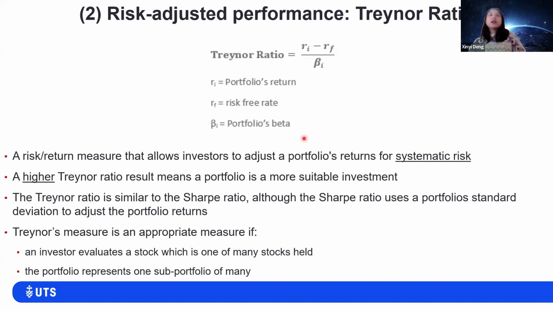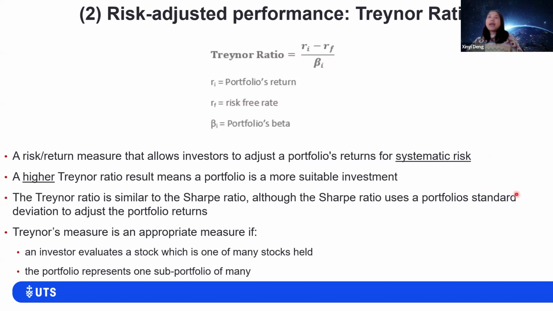Because the Treynor ratio accounts for the systematic risk, it is more appropriate when the investor's holdings are well diversified, so that there is only systematic risk left, and it would be the only risk that needs to be compensated.